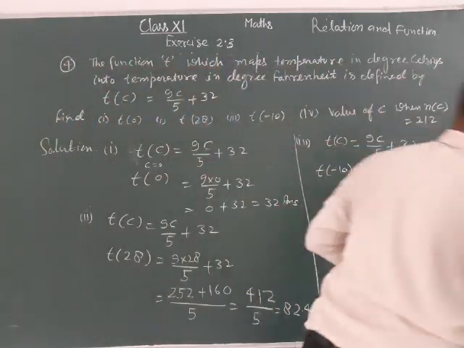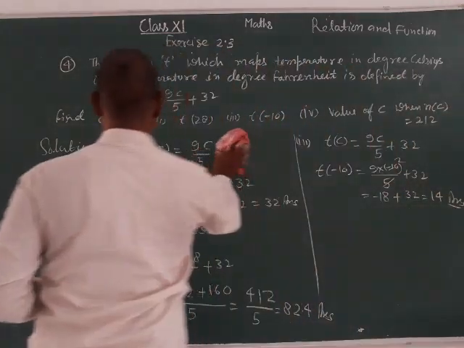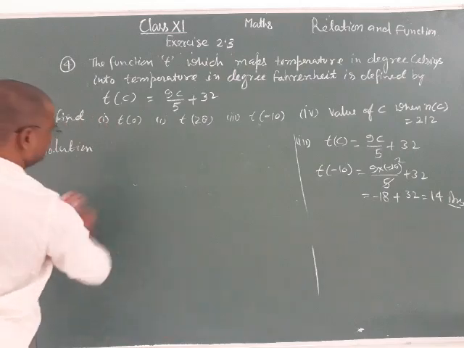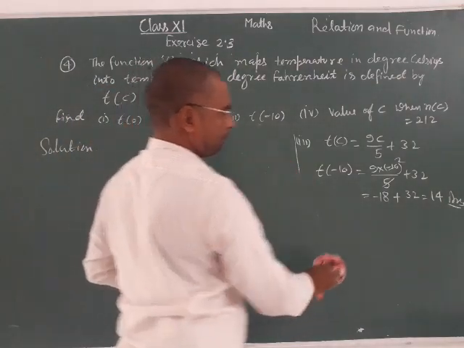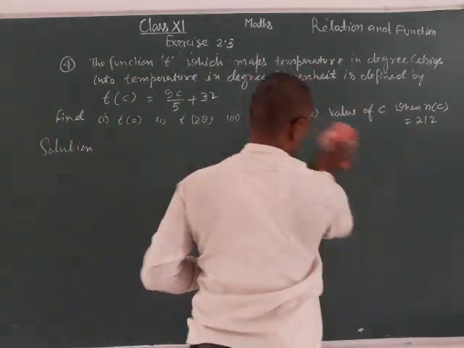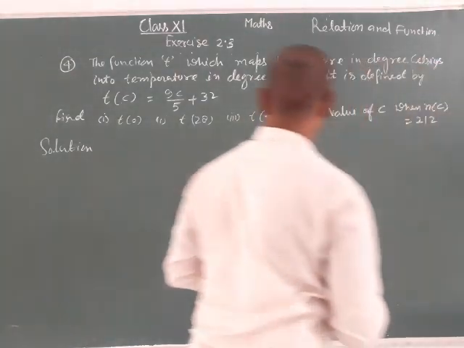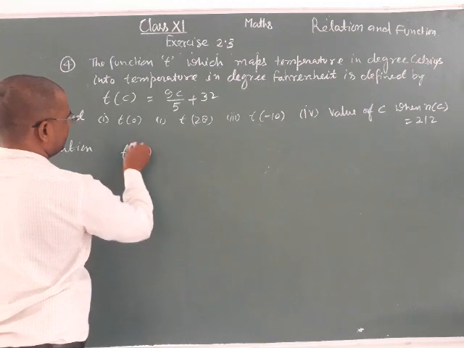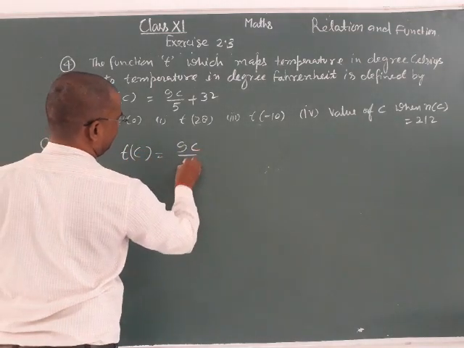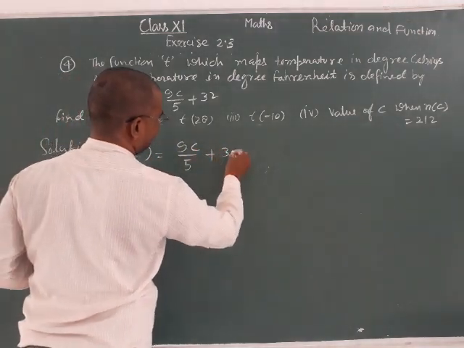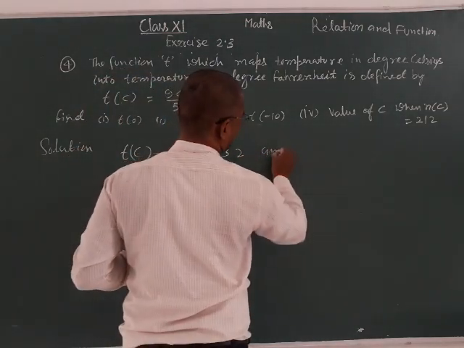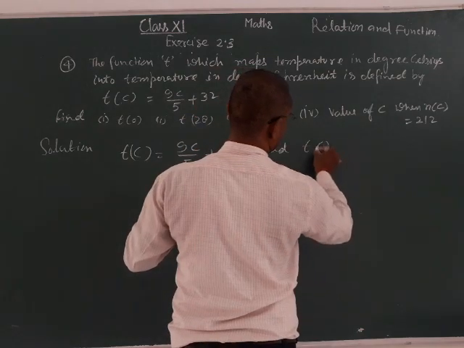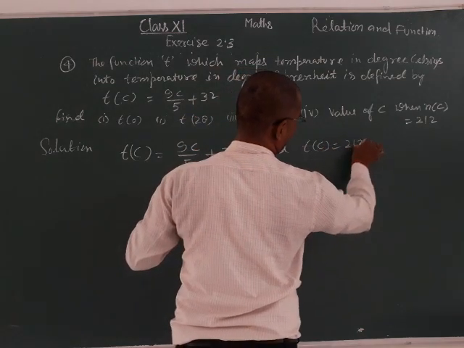And the last part, part 4. Now given function T(C) = 9C/5 + 32 and the value of T(C) is equal to 212.